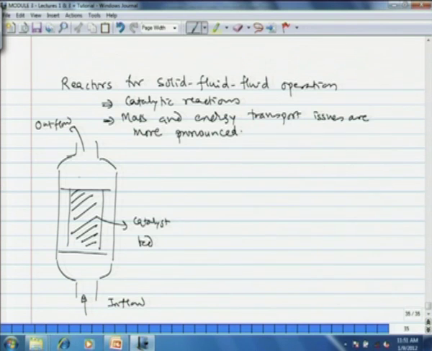Now if the reaction is exothermic, then cooling may be provided simultaneously. So this is a basic fixed bed type of reactor.